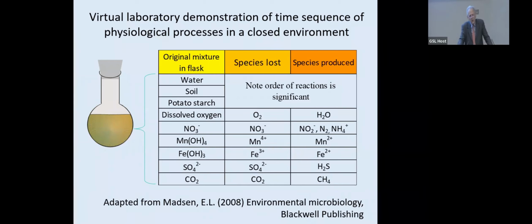But if you just sealed up a flask of organic material, then we would see various species being lost and various species being produced. And they tend to occur in the order of losing oxygen, losing nitrogen, manganese, iron, sulfate, and carbon, generating the species produced water, ammonia or nitrite or elemental nitrogen, manganese reduced, gone into solution, iron reduced.